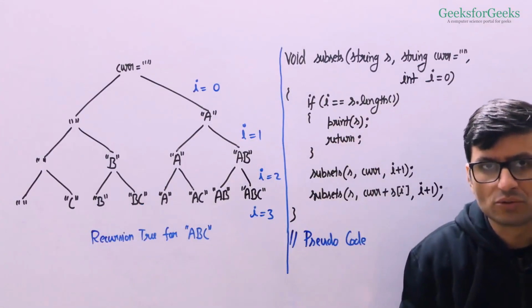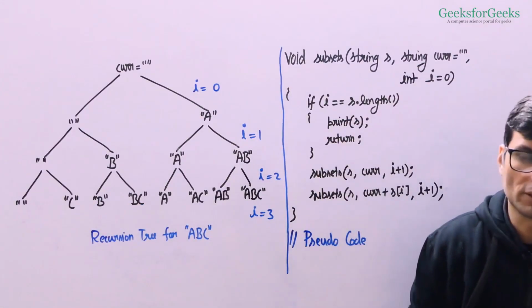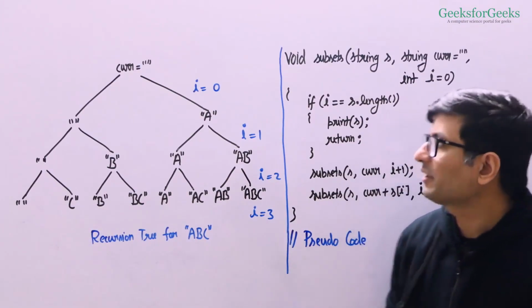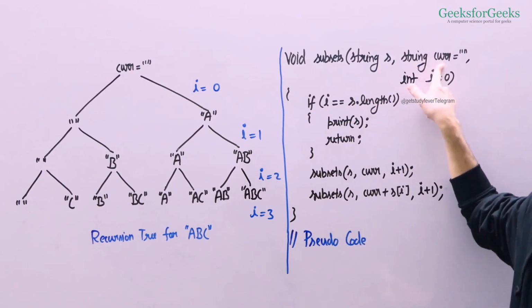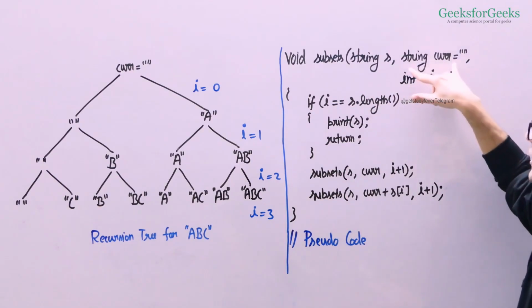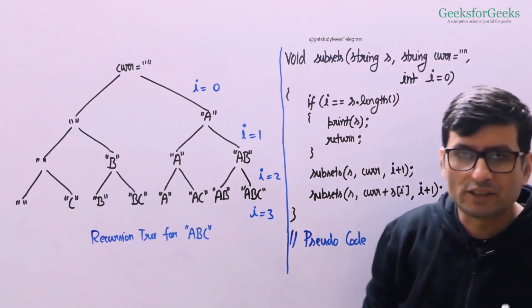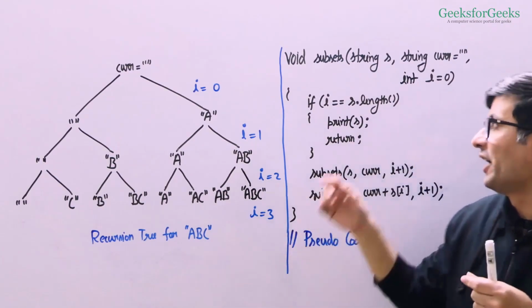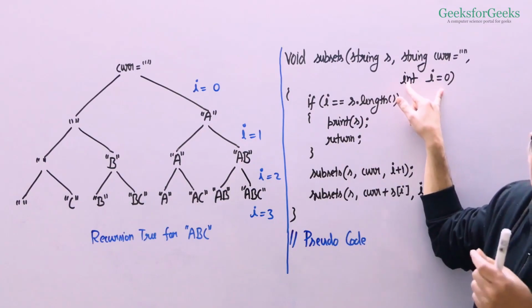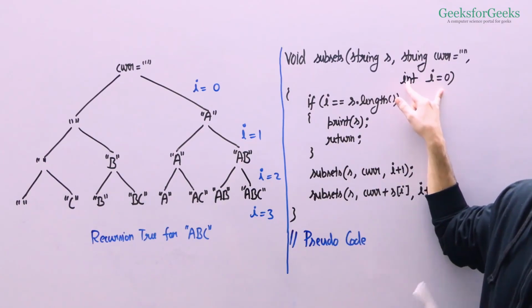Here is the complete pseudocode for generating all subsets. As I've discussed earlier, we are passing a string s as a parameter, current as another parameter which is initially passed as empty. So this is more of a C++ style syntax. In C++ you have default arguments, and index I is also initially passed as 0.